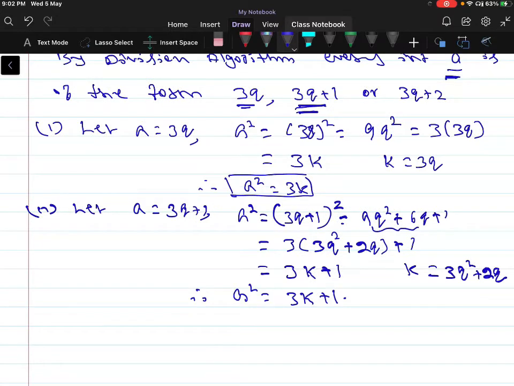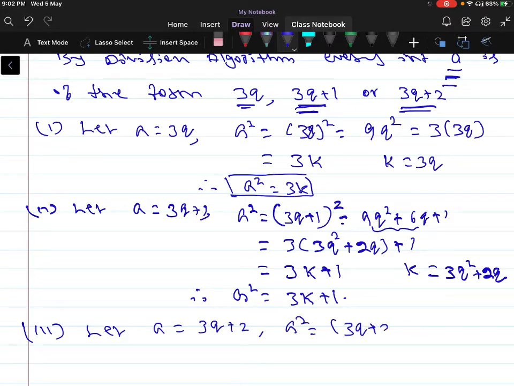So now in the third case, a can be written as 3q plus 2. Let a is equal to 3q plus 2, then a square is equal to 3 times of q plus 2 whole square. So this is equal to 9 into q square plus 12 times of q plus 4.